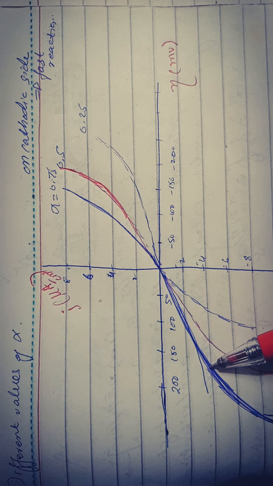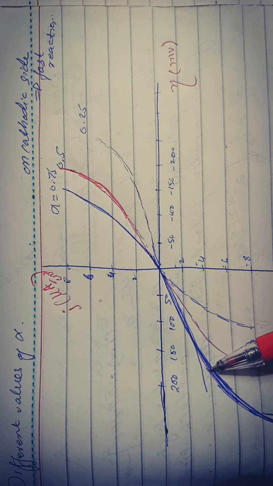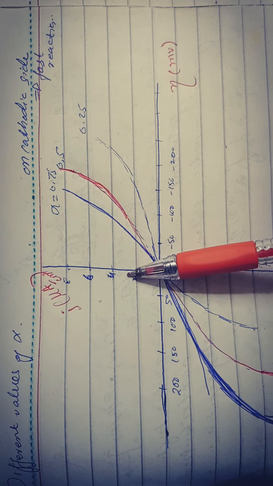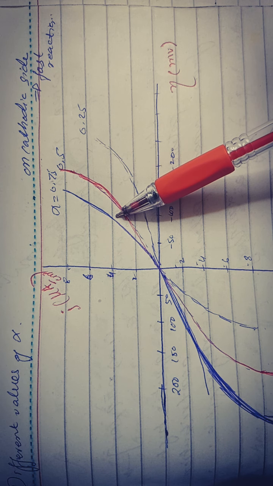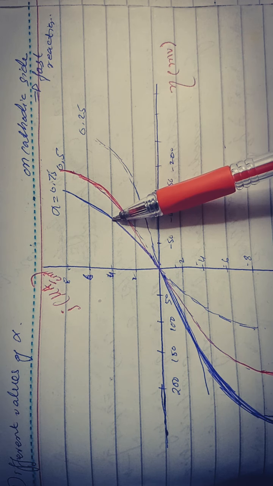For example, for 4 microampere per centimeter square, it will require almost around 175 millivolt, and for the same current it will require almost 100 millivolt, that is the negative current or the cathodic current with the application of negative voltage.